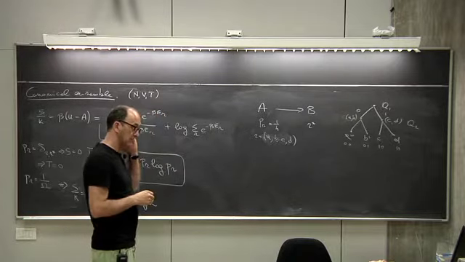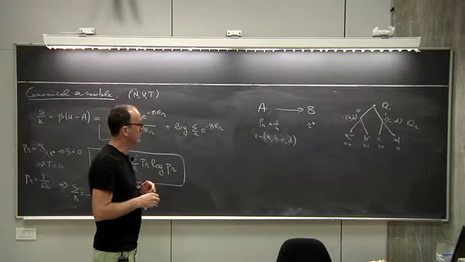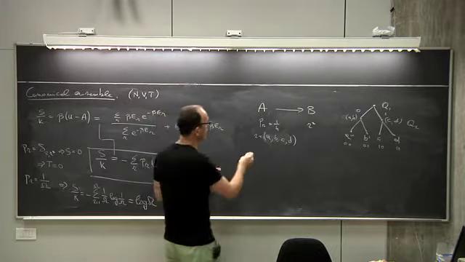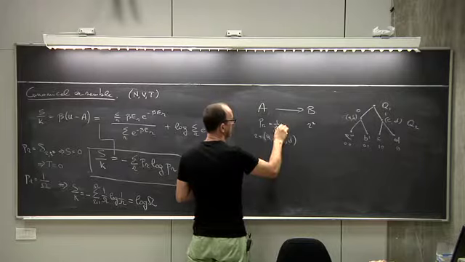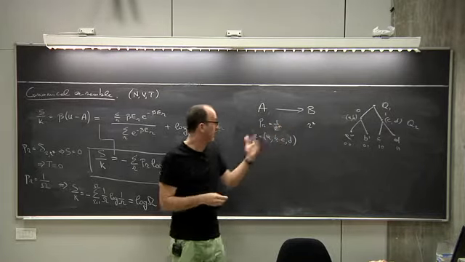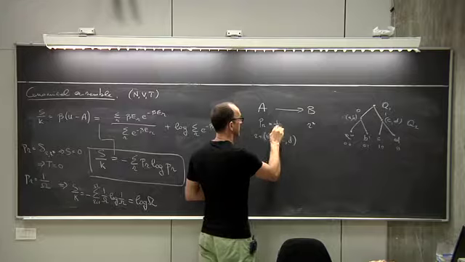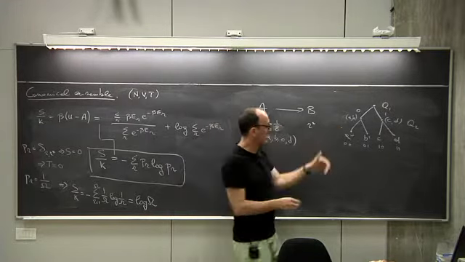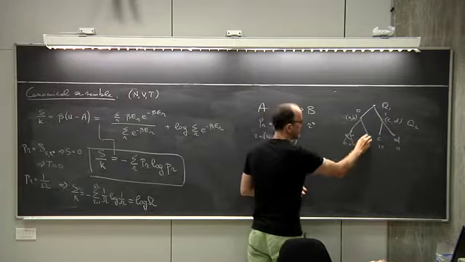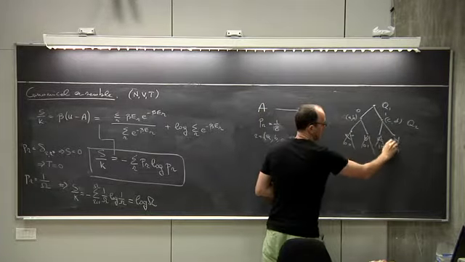Now you can imagine that there are 2 to the n outcomes. Say there are 8 possible outcomes. You can do the same, but you will need a third question.